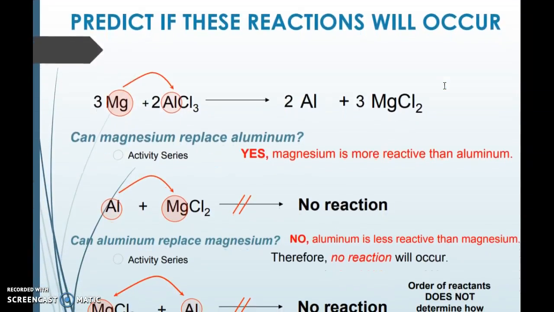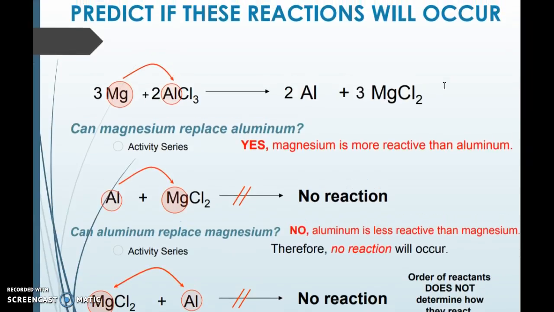So here's an example. Here you have magnesium plus aluminum chloride yielding aluminum plus magnesium chloride. Now what we have to see is this. Magnesium is by itself. Aluminum chloride is a compound. Magnesium would have to be above aluminum on the activity series, that chart I showed you, in order to switch places. Otherwise, no reaction happens.